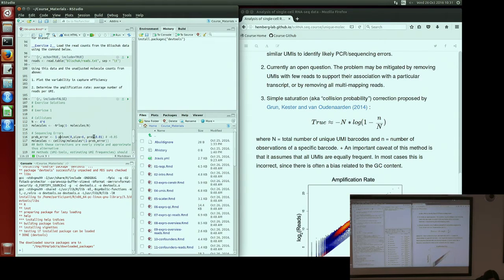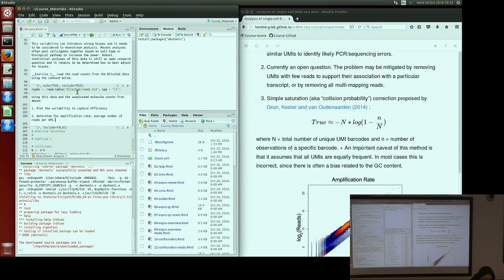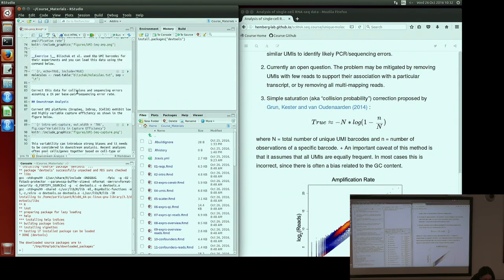So this whole thing here is the probability of not having an error in any of those 6 bases. So 1 minus that is the probability of having an error in any one of those bases. So we just do 1 minus that to get the probability of having an error in any of those bases, times the number of molecules to get the errors.